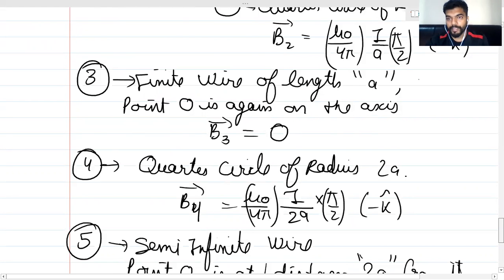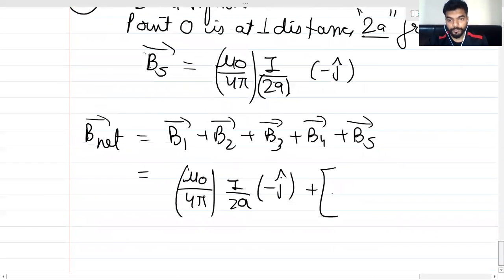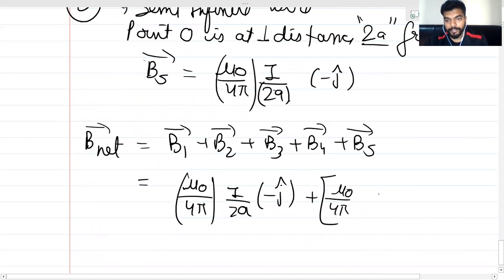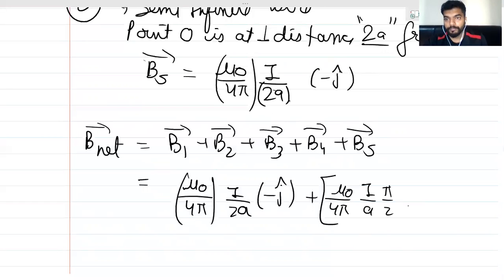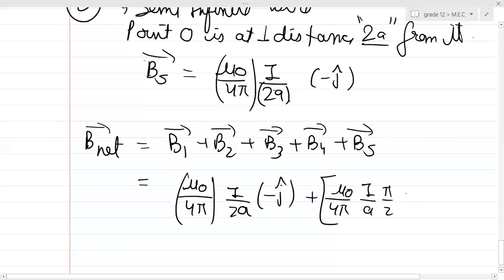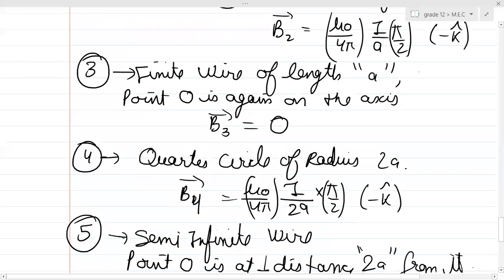B2 and B4 was minus k cap, right? So mu naught by 4 pi into I by a into pi by 2 plus mu naught by 4 pi into I by 2a into pi by 2, and they both were minus k cap. Is this the final magnetic field?